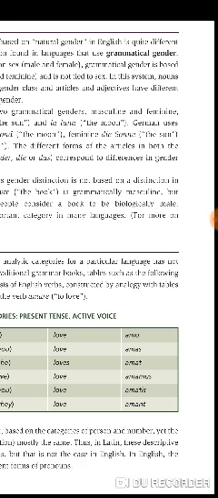Because in English we have only one single thing, the third person singular. So let us forget about it. We simply use s at the end of the verb for he, she, or it.